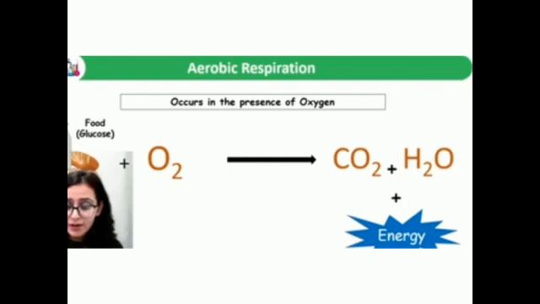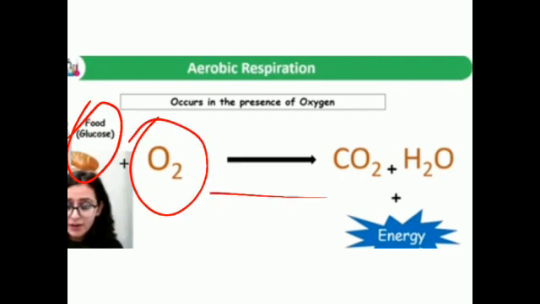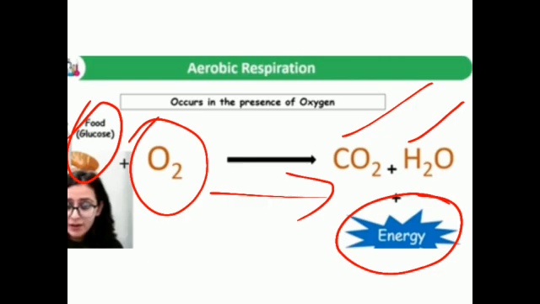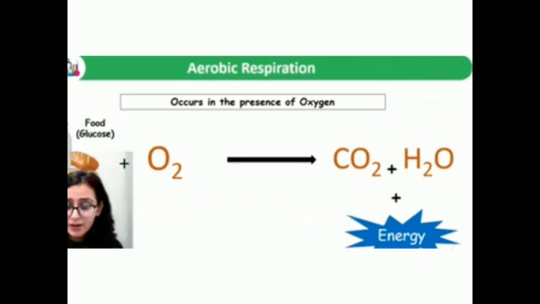Here is the food, that is glucose, in the presence of oxygen. It breaks down and forms carbon dioxide and water, which are the waste products, and energy is released. So food, in the presence of oxygen, breaks down, and carbon dioxide and water plus energy are formed.